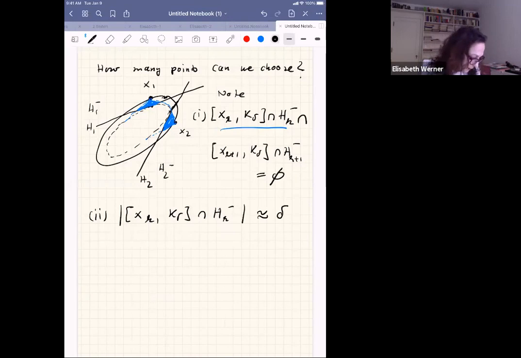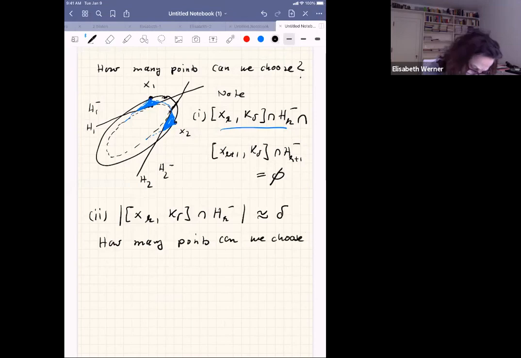They are of the order delta. So now we come to the question, how many points can we choose before the process stops?